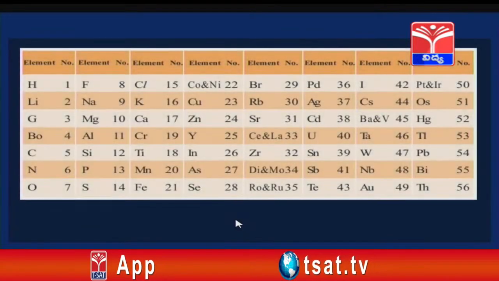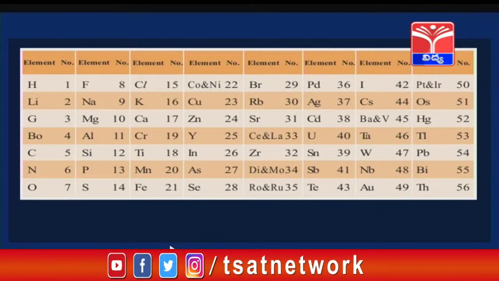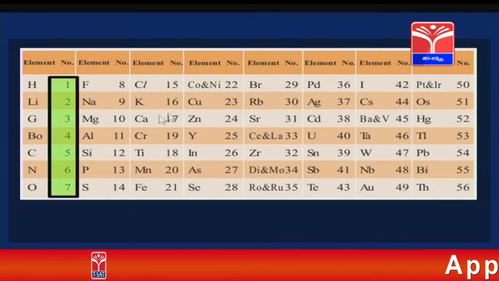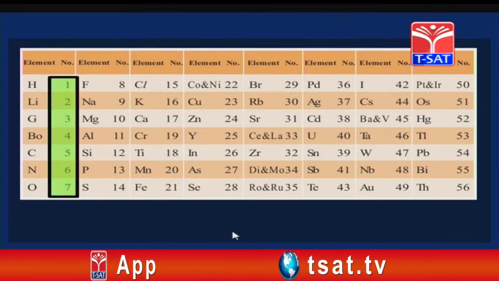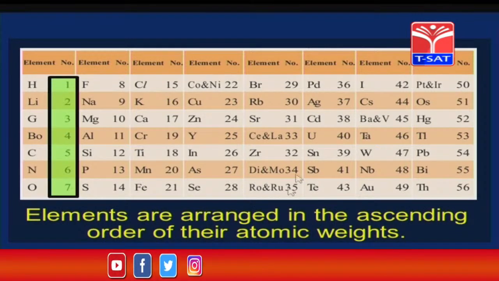Now, children, this is the periodic table given by Newlands. Here we find 7 groups, numbered 1, 2, 3, 4, 5, 6 and so on. Elements are arranged in the ascending order of their atomic weights.